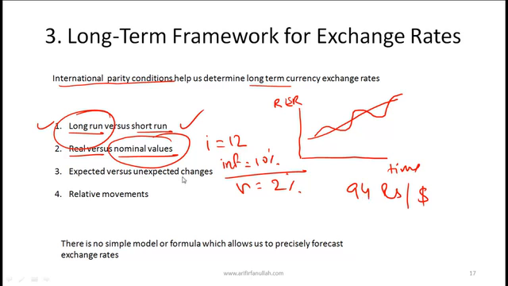Expected versus unexpected changes. Here again, you can look at a variable like inflation or price levels. You can have a situation where you expect price levels to go up by, let's say, 10%. So this would be an expected change. If prices do go up by 10%, then that's what's expected.